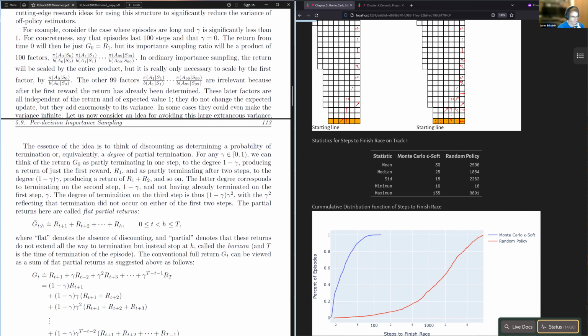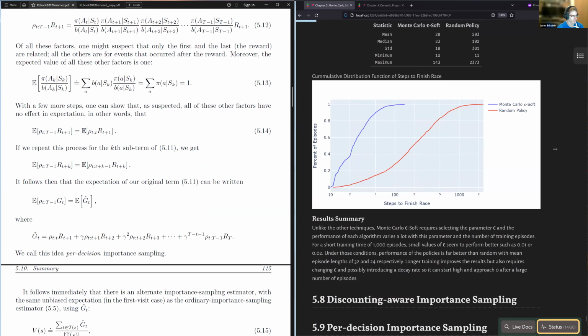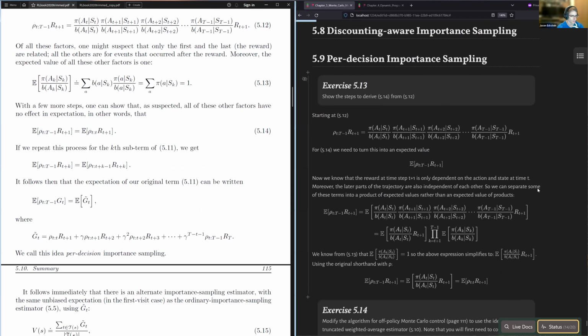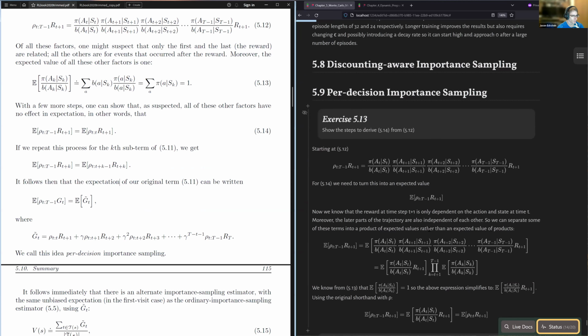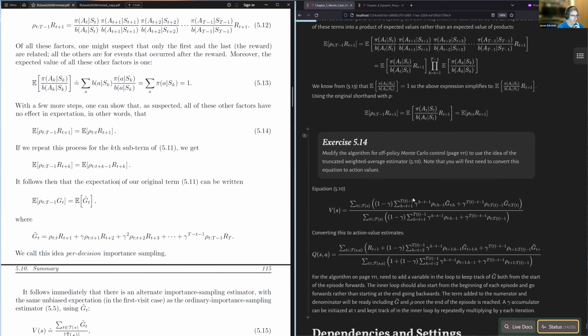I think there's another exercise that's worth talking about in this chapter, because this is another heavy math one, showing the importance sampling. And this is again similar to the previous one, where it's almost the same.